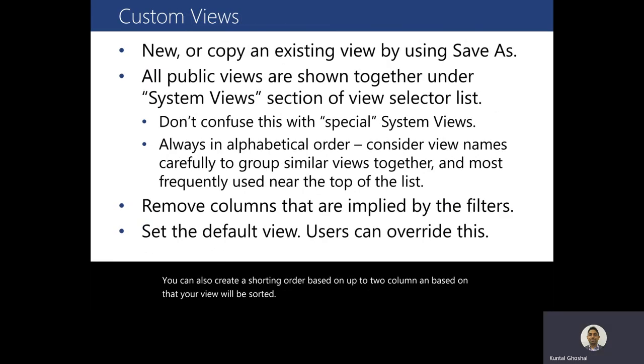There are some system views that already exist, and when you are creating an entity, there are some views for that custom entity which are already created by the platform, and you can always create another view that is typically required by your organization.